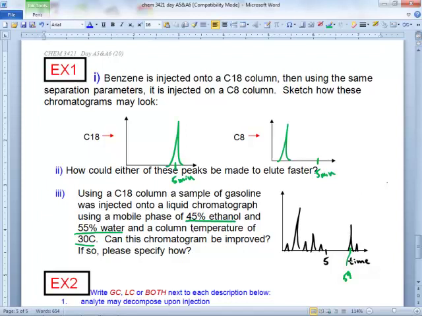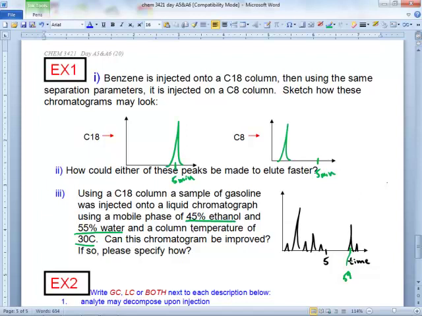This is LC. So raising the temperature will help, but not a whole lot in LC. If it was GC, 5 minutes is the answer, right? You just crank it up after 5 minutes. But don't screw it up earlier, because these guys are going to start coming out so fast, they're going to be on top of one another. So then just change the percentage.